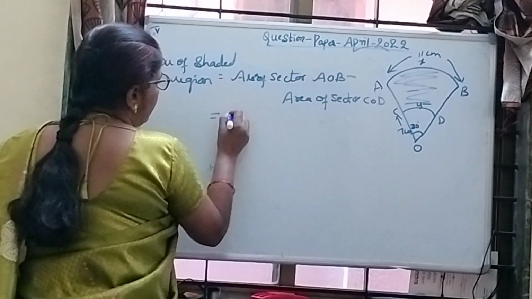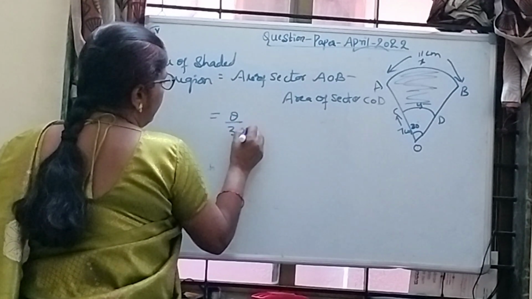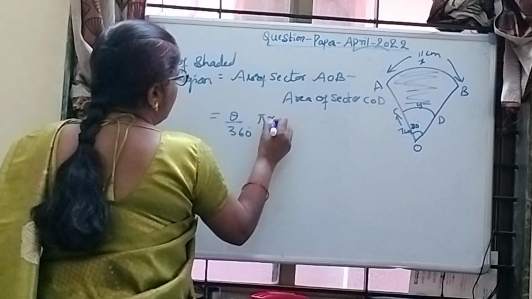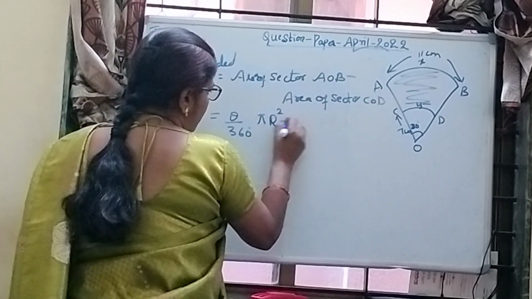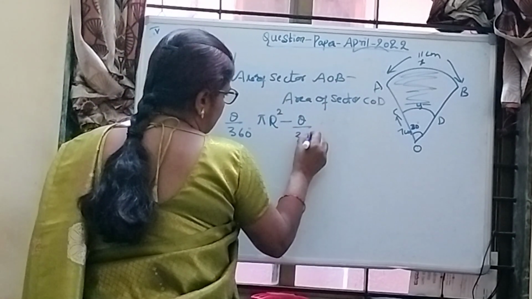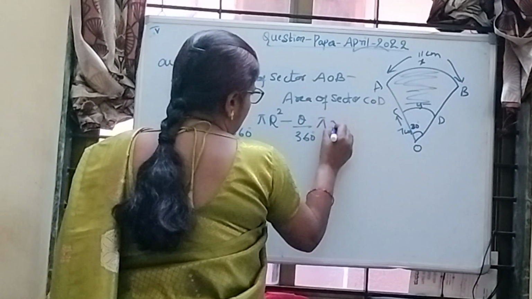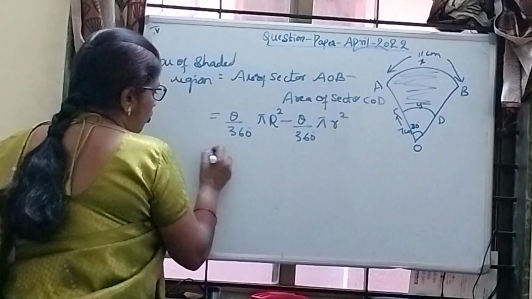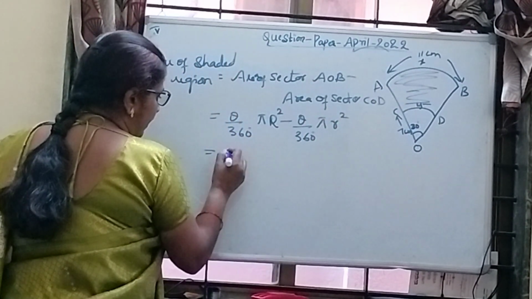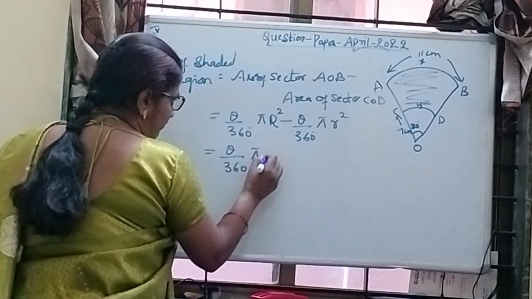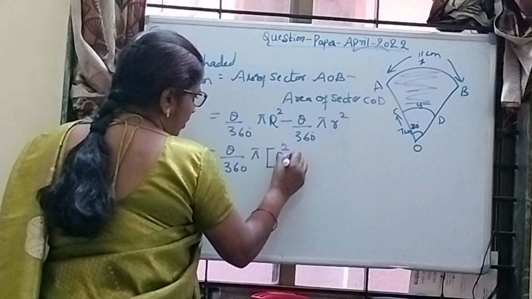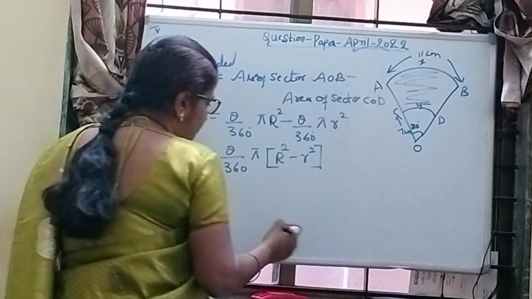The formula here is theta by 360 pi r square. I'll take it for AOB as r square, minus theta by 360 pi r square for this. Now we can take theta by 360 and pi common, r square minus r square.